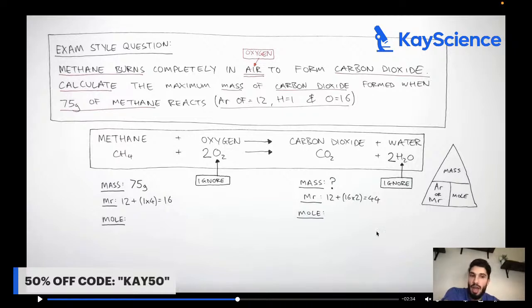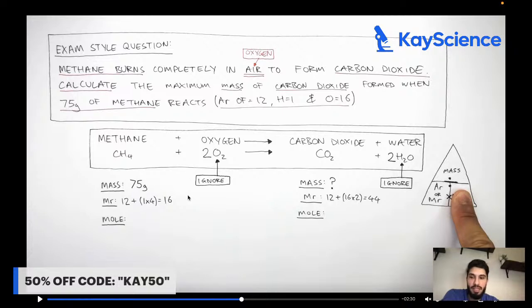Secondary to that, you can use formula triangles, but I would always advise to learn the equation and learn to write it out. The formula triangle comes after. So we cover the mole with our finger. We do mass divided by MR.